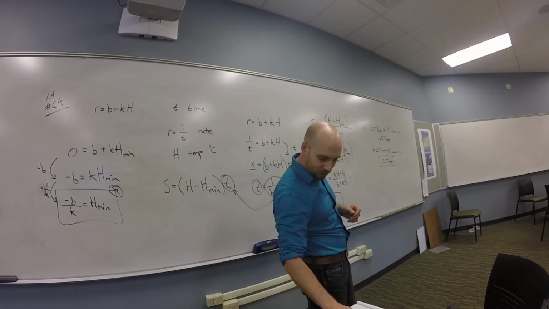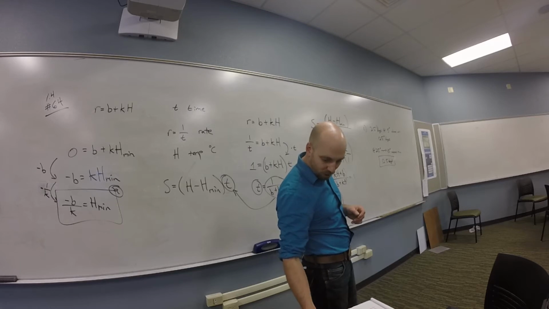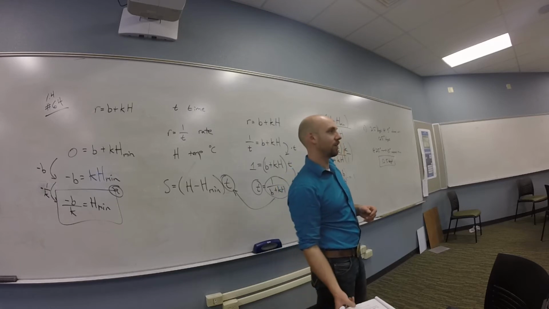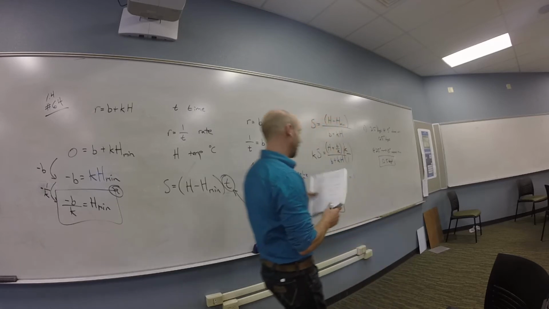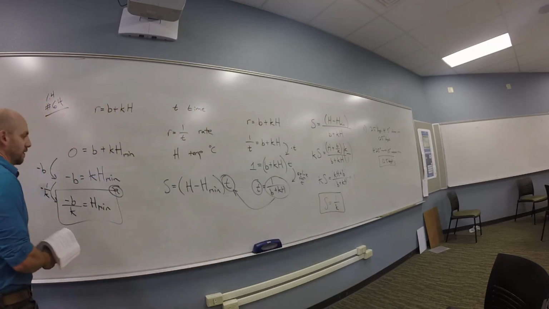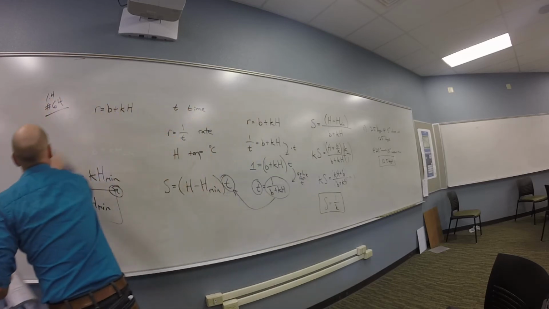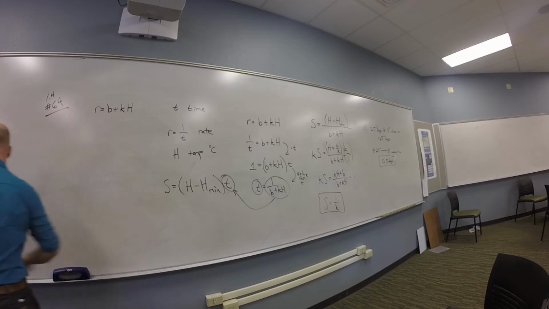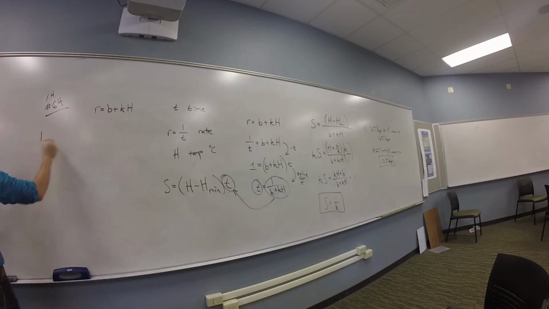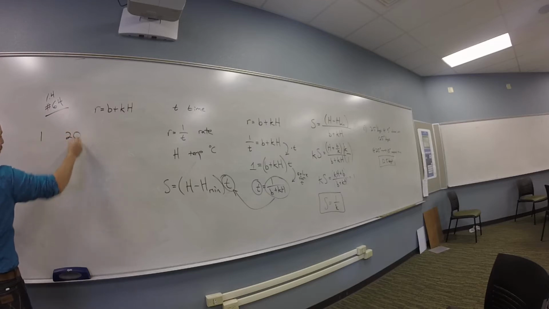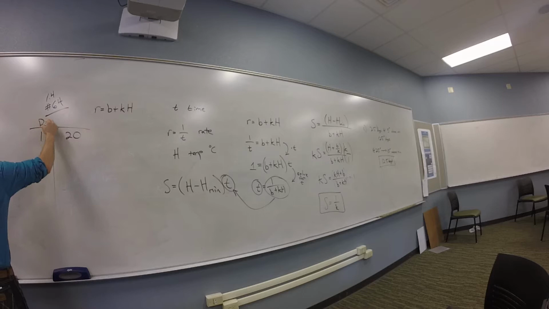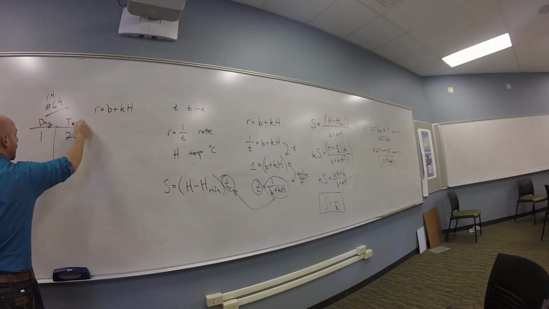So based on the table, when does the organism reach maturity? So there's this whole table here, right? First day, it's 20 degrees. So this is day, temp.